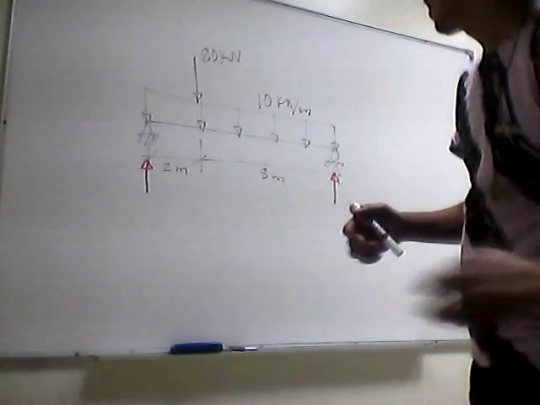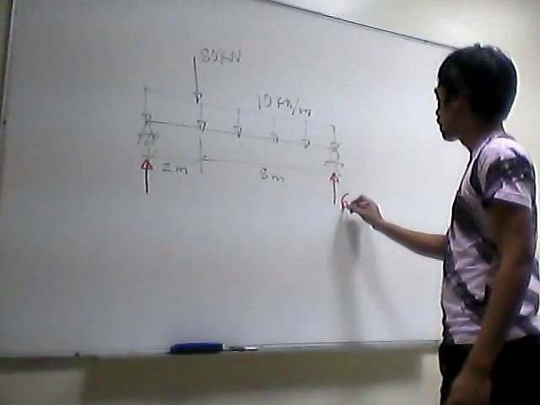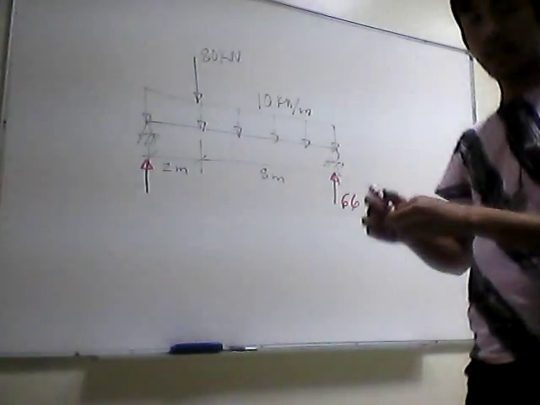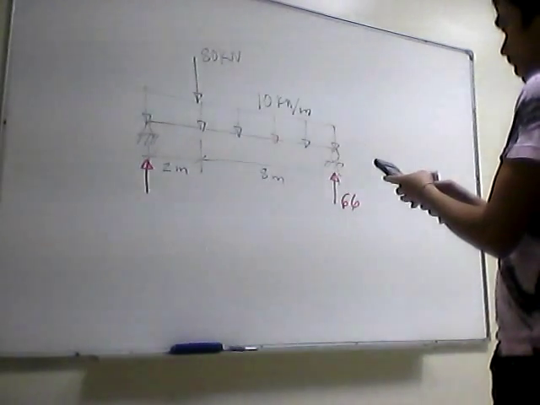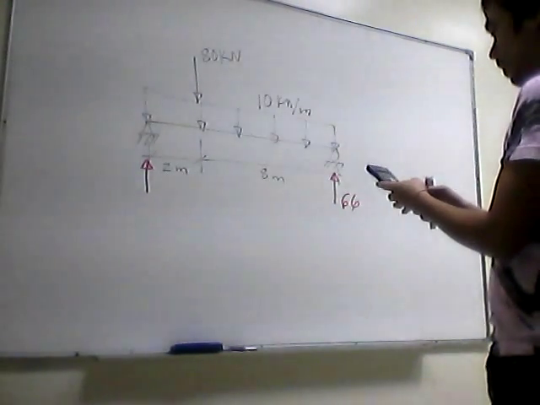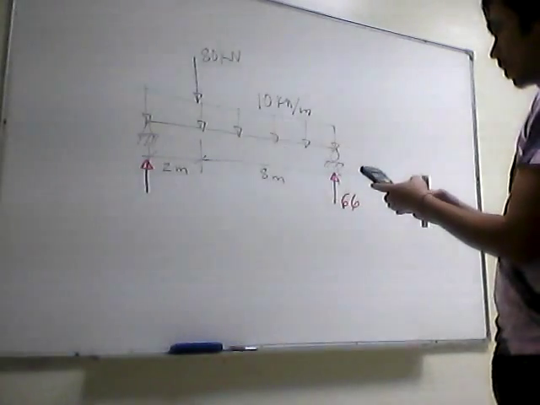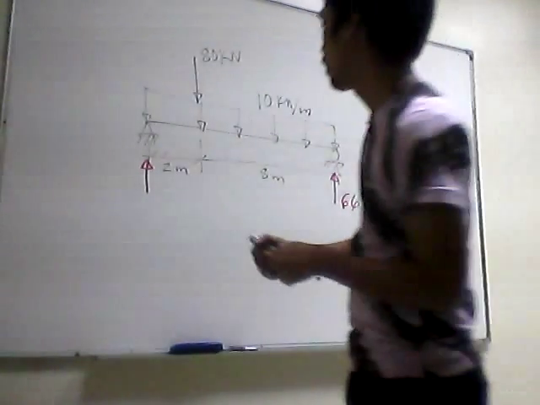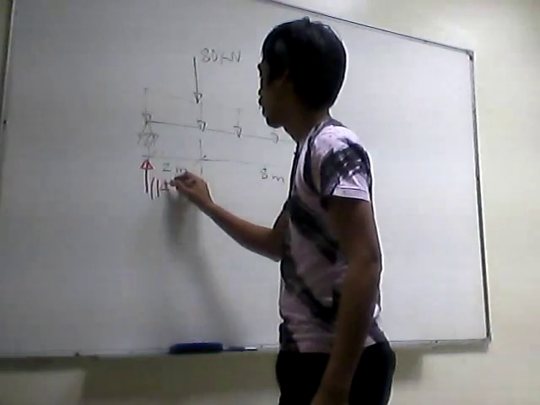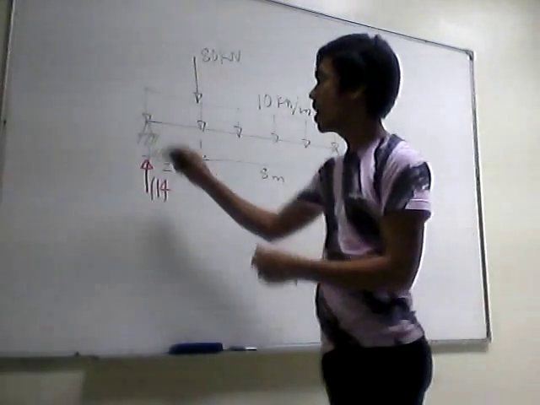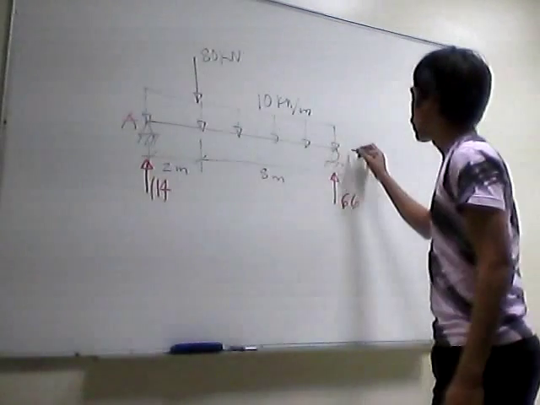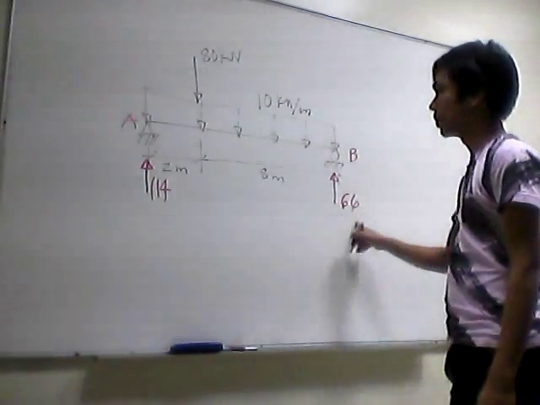So I think RB is 66. And then 180 less 66 equals 114. So we have a reaction of 114 at A and a reaction at B of 66 kilonewton.